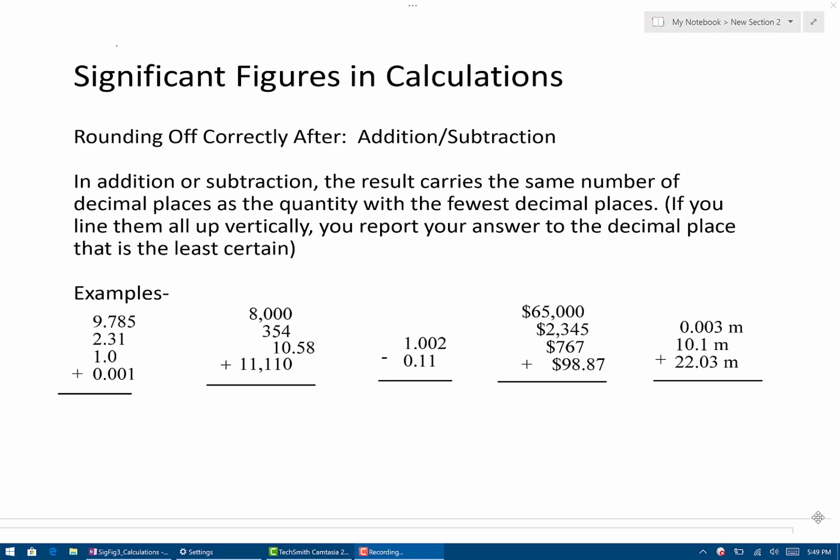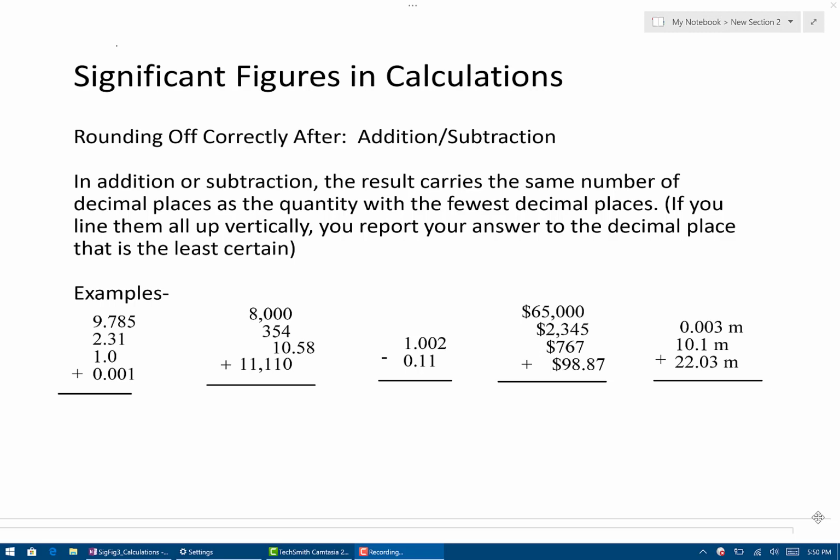In addition or subtraction, the result, the answer, carries the same number of decimal places as the quantity with the fewest decimal places. And that's easy enough if all the numbers in your calculation have a decimal place, like in this first one.